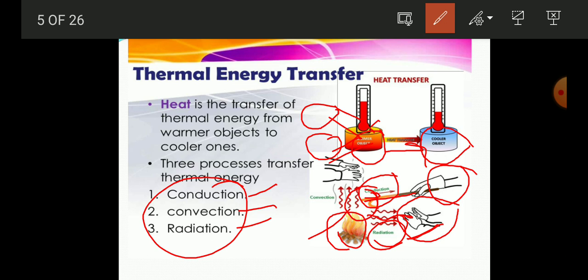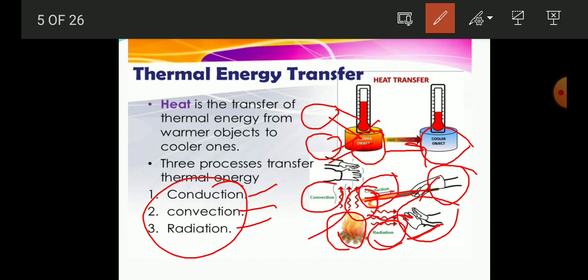The atom in this rod takes the heat energy, and this heat energy is transferred from one atom to another atom, and finally to the last atom. When the heat energy is transferred, the whole rod gets hot, and in that case your hand will also get the heat and get burned.